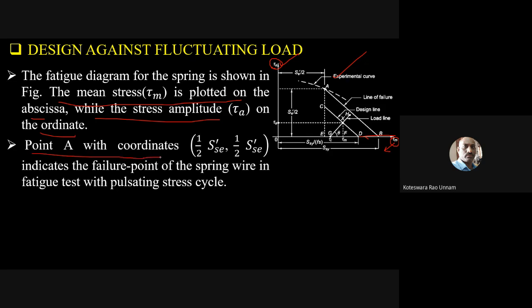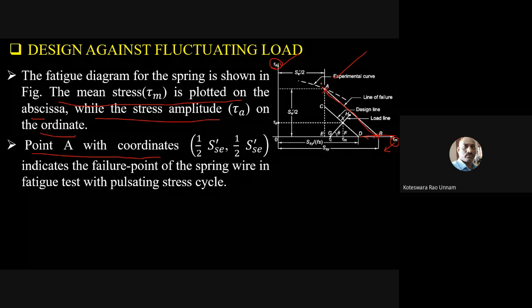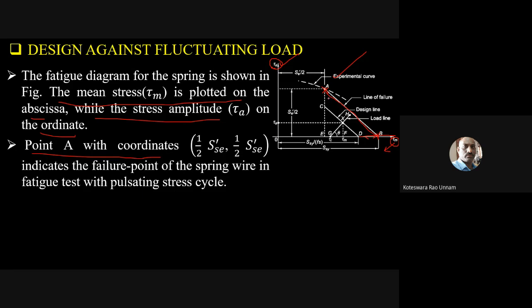See now, here it is a straight line only. For simplicity, it is taken as a straight line. Points A and B are your failure points. If your design point lies above this line, then you can say that the spring has failed. Even though your experimental data is going to be some kind of curve, we estimate it as a straight line, which is the line of failure.